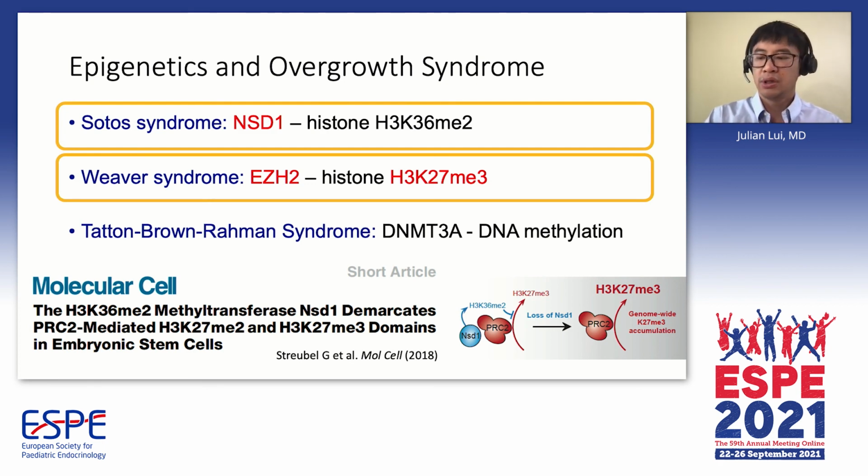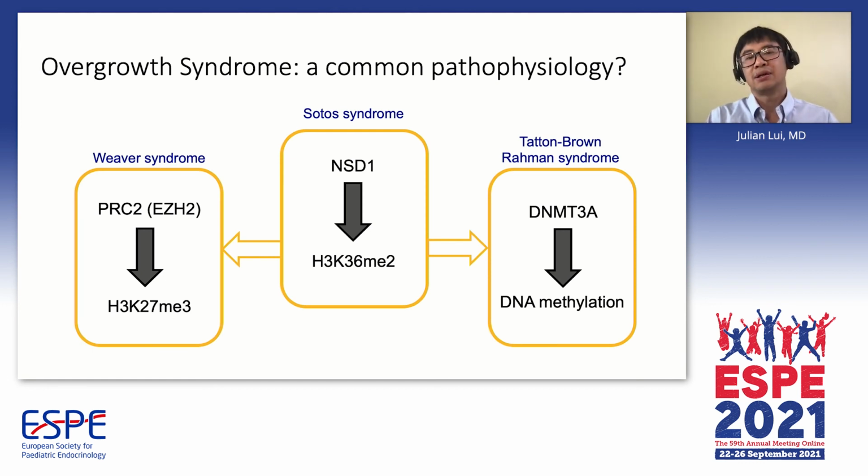And so it's at least conceivable that there's a common pathophysiology between the three overgrowth syndromes, all involving NSD1 driving H3K36 dimethylation, which in turn affects the genome distribution of other histone chromatin marks that are affected in the other two syndromes.